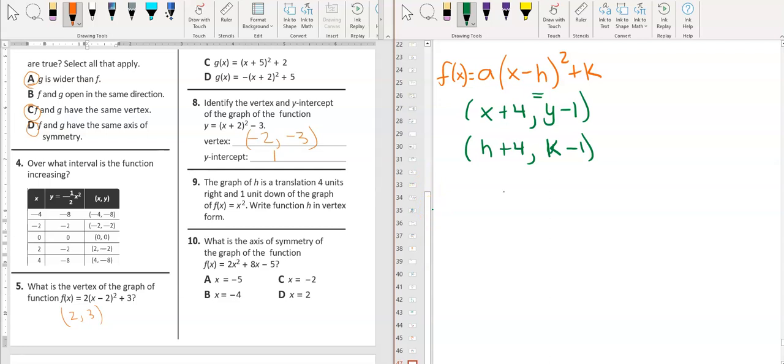So if my original function is f of x equals x squared, then normally I would add it to the right 4, but because I'm doing the opposite of h, I'm going to go -4. And then I'm going to minus 1. So my new function is (x minus 4) squared minus 1. 4 to the right and 1 down.